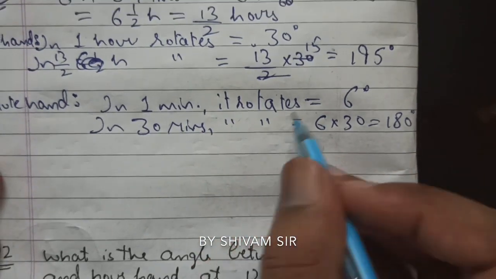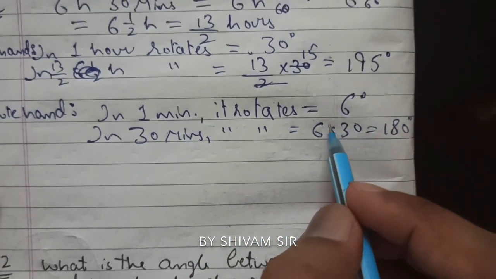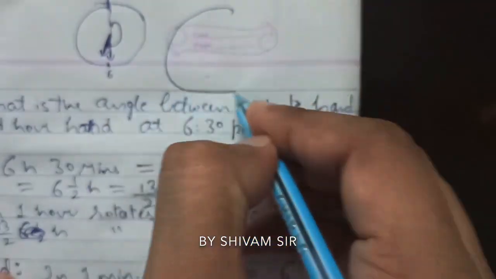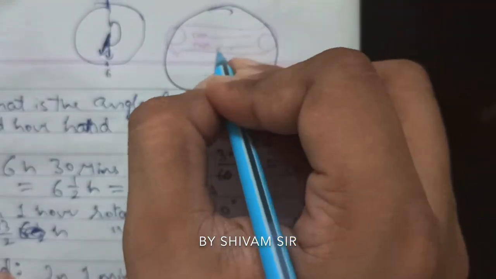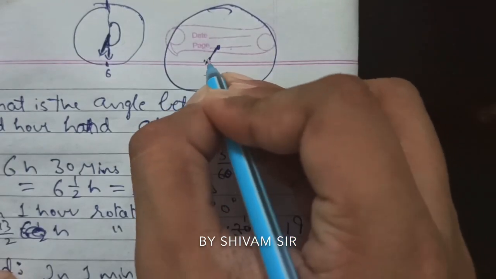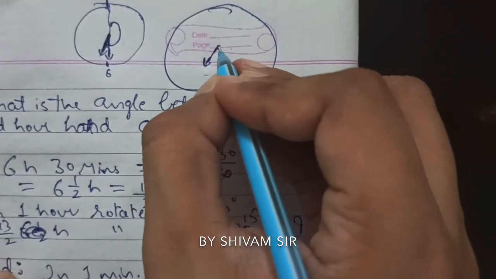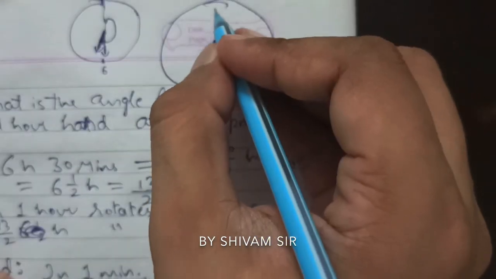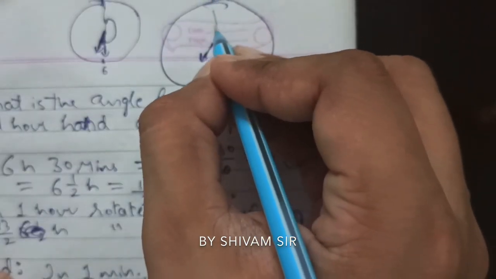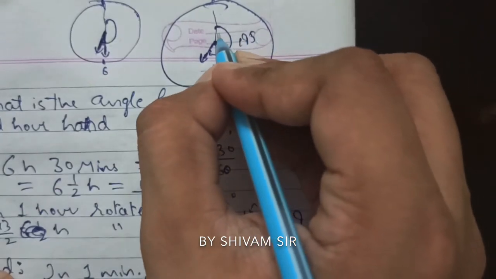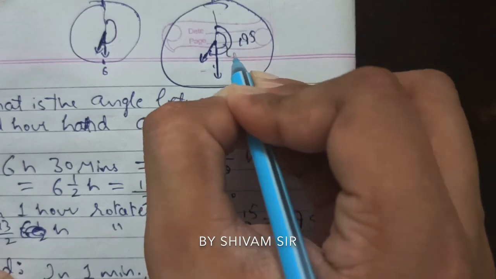So what is the difference between these two angles? How are we calculating it? Suppose again we take this diagram to understand. Suppose the hour hand is right here at this point, and the minute hand is exactly here, right? So if this is the mean position, this angle is 195 and this angle made by the minute hand is 180.